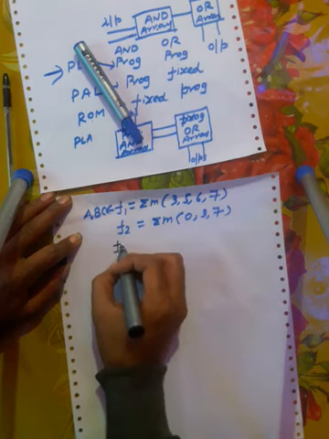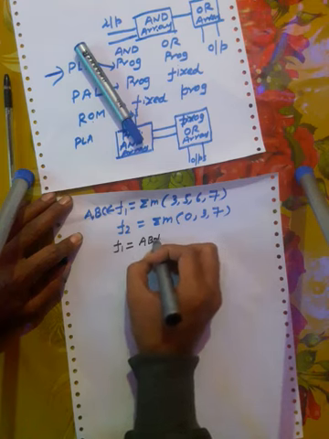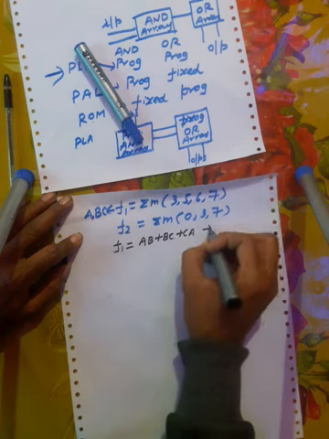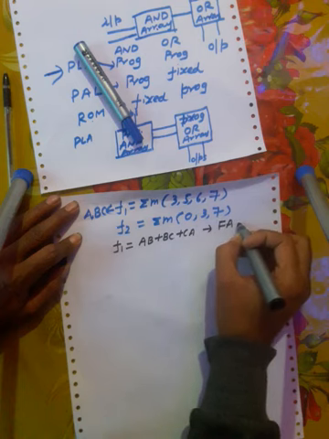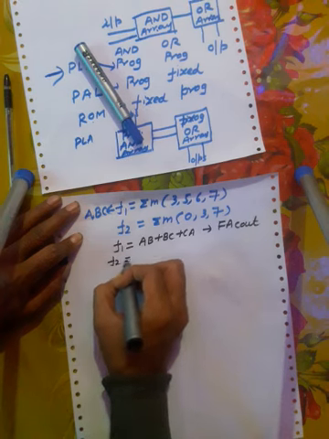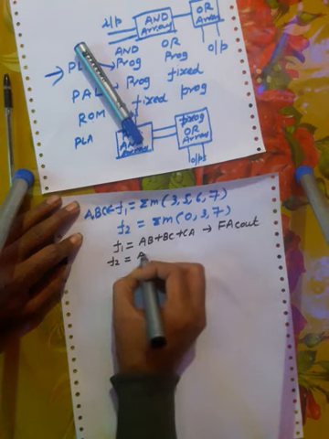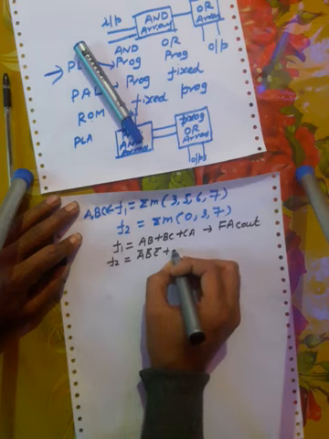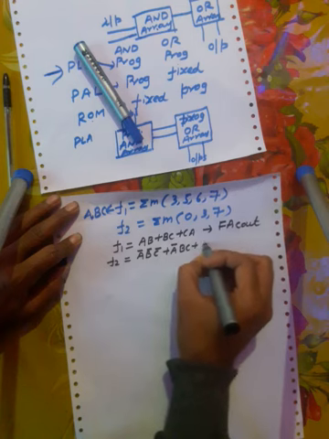So F1 will be AB plus BC plus CA. This is the full adder C out. Now F2: it is 0, 3, 7, again a function of ABC. So 0 you can write as A bar B bar C bar, plus 3 is A bar BC, plus ABC.